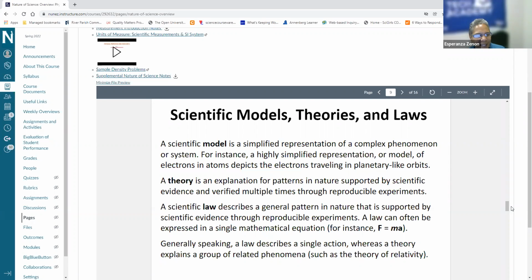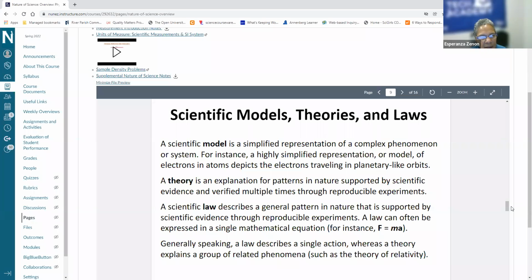That's why I say math is the language we speak in physics, because our explanation of certain phenomena often reduces to a mathematical equation. And they give the example of F equals ma. That's Newton's second law of motion. So specific and focused, whereas a theory is much broader. Okay. Now, that's what they said. Generally speaking, a law describes a single action, whereas a theory explains a group of related phenomena.